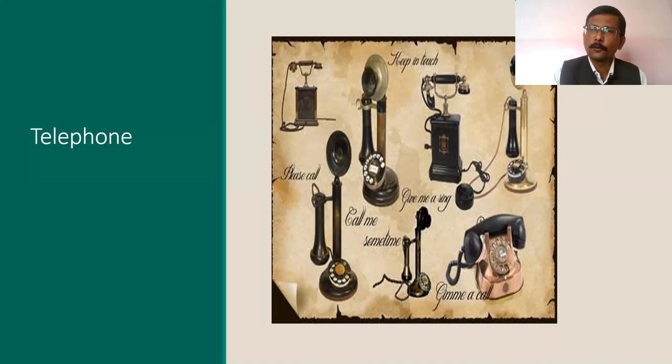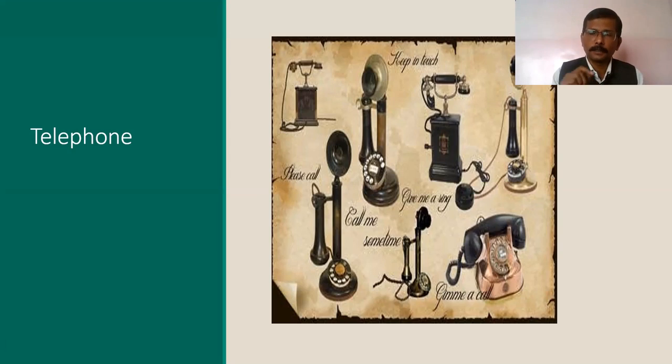Then in the later phase of the 80s or 90s, you had buttons. You have to press the buttons. And the system was that there used to be a telephone operator. It was not possible to have direct communication. So you have to communicate to the operator, and you have to book your call.